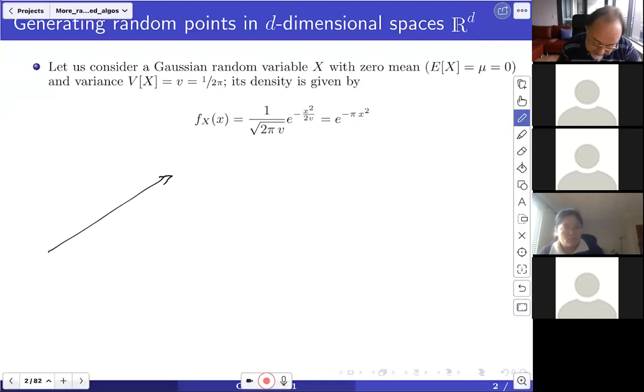Normal means Gaussian. And we are going to define the coordinates of this vector by running the random number generator separately and independently for each coordinate, okay?